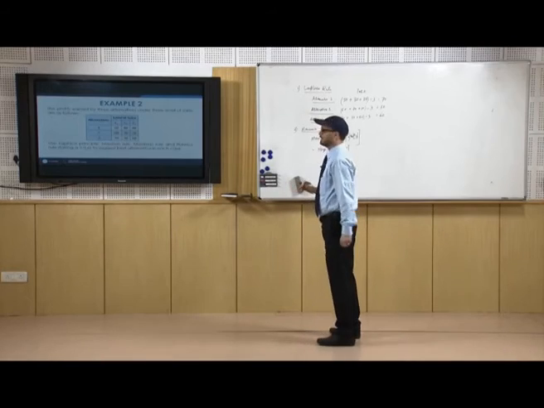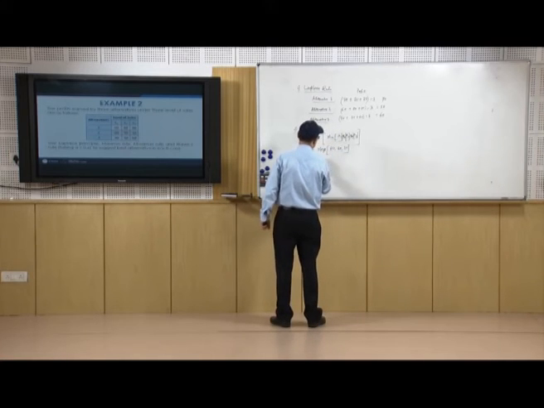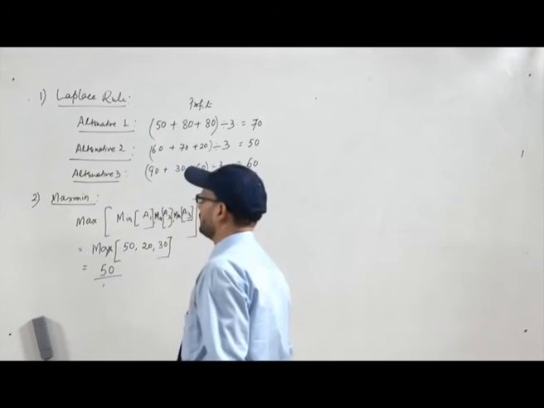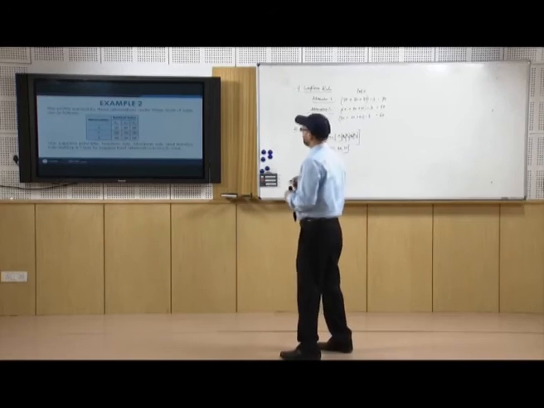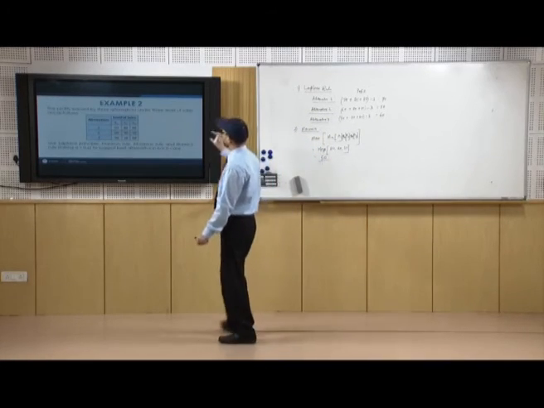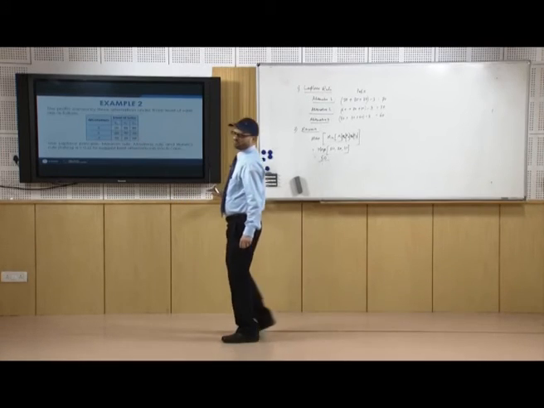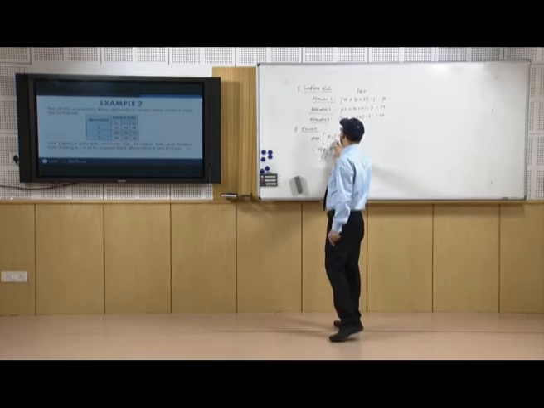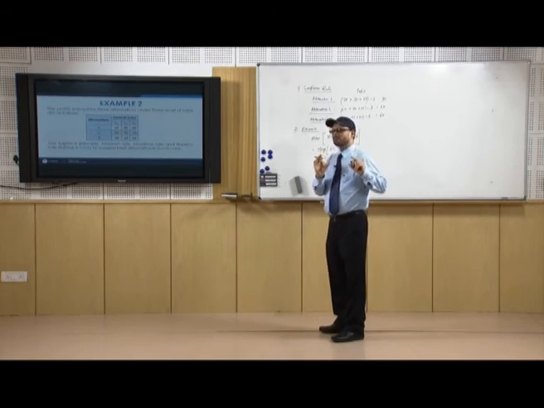Out of this, the maximum value will be 50. So, 50. We have a pessimistic view: we feel that you will get the minimum of the profit for every alternative, and then we try to have the maximum of those minimum values.